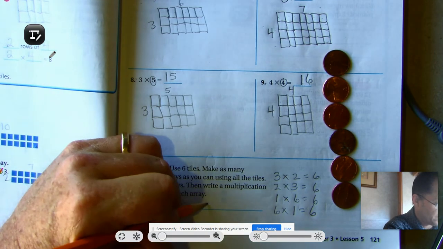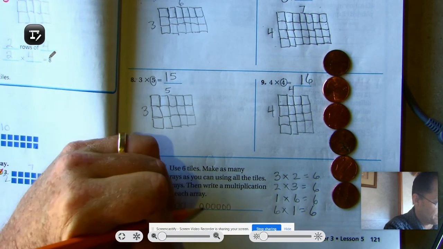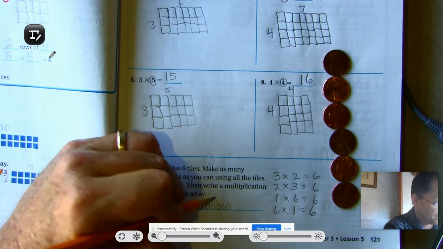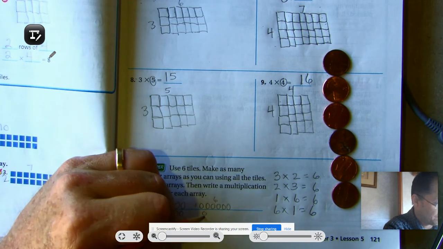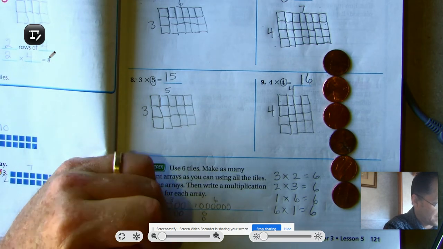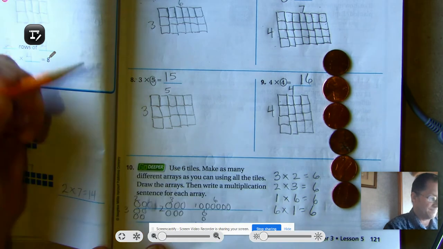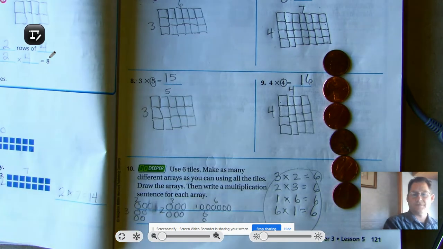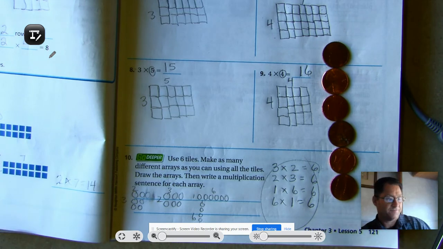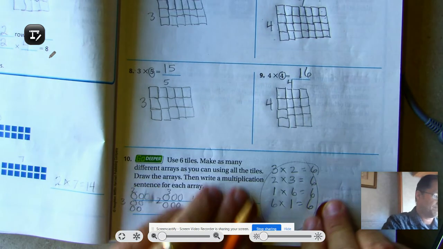We have 1 row of 6. And we have 6 rows of 1. And those are our multiplication problems. Let's go on page 122.